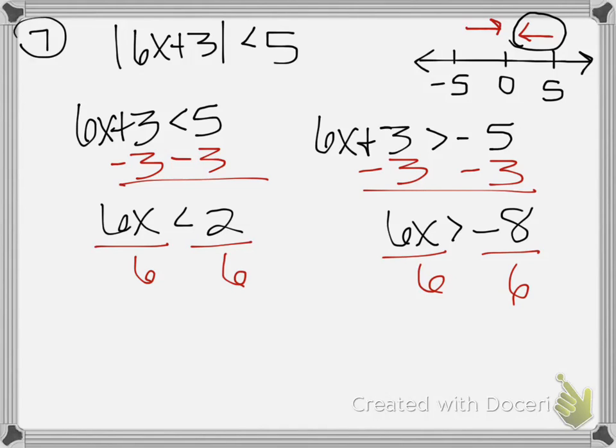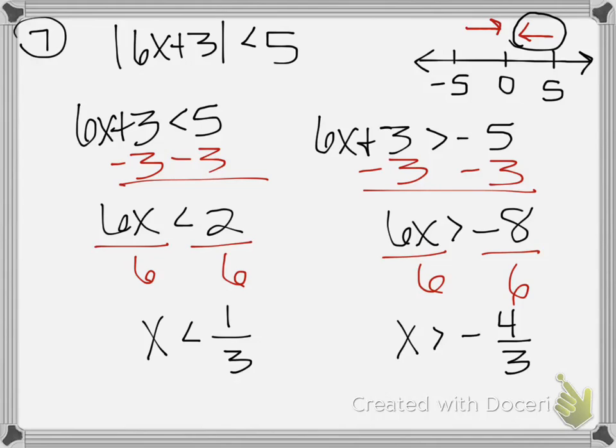So that's going to give me x is less than 1/3. And this is going to be x is greater than negative 4/3. And it does say right in interval notation.